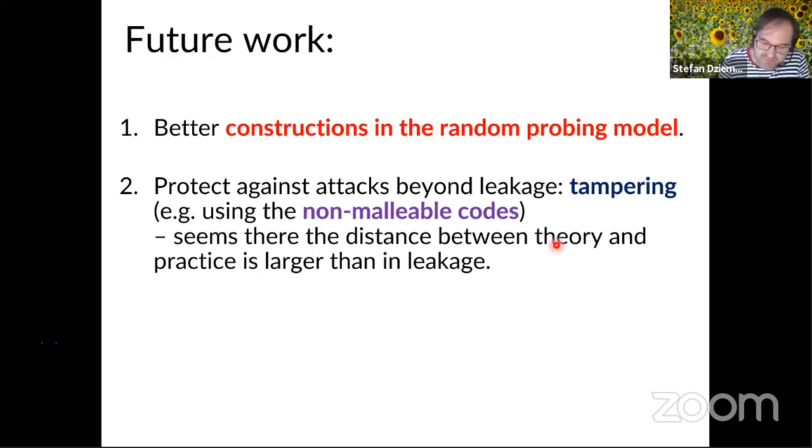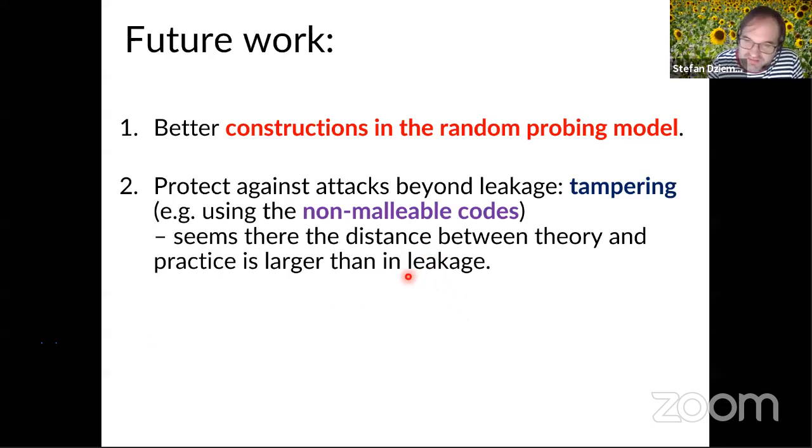There is a paper called Private Circuits 2 by the same authors as Private Circuits 1, Ishai, Prabhakaran and others. And yeah, it seems that there is a larger distance between theory and practice in tampering than in leakage.